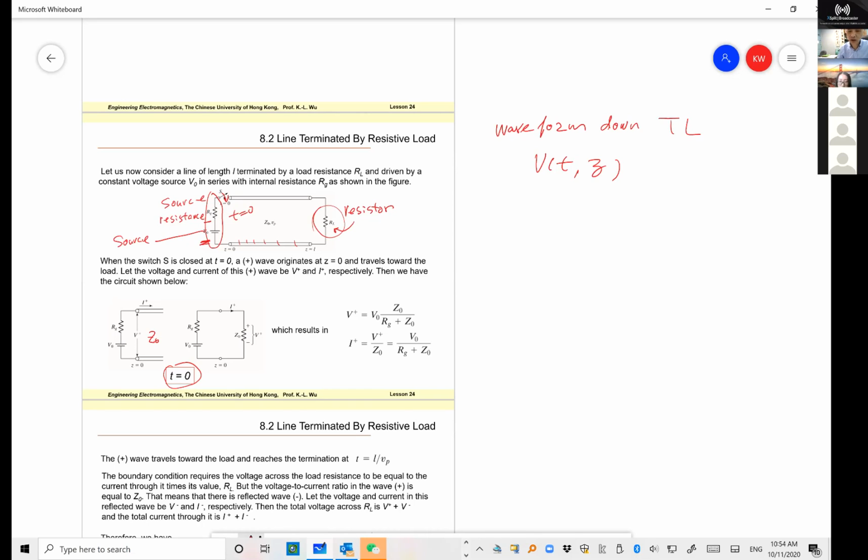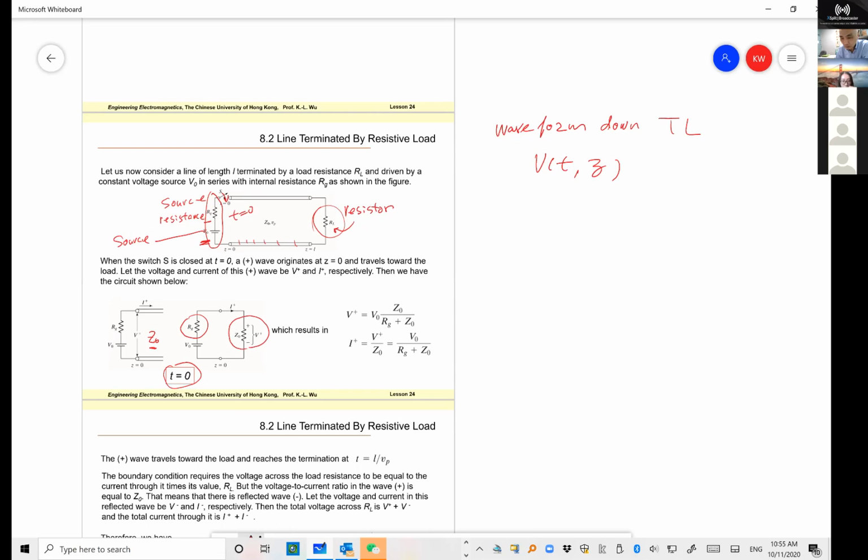So what you can say is this transmission line is infinitely long, and you see only the intrinsic impedance of the transmission line. So this circuit I can represent by the source impedance loaded by the characteristic impedance.